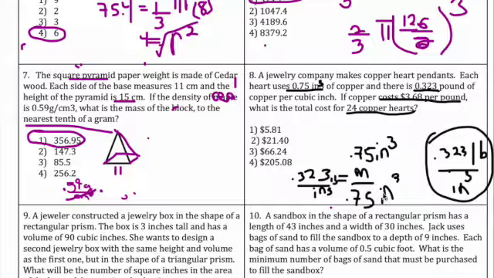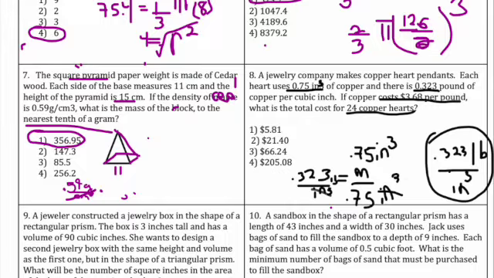We're going to cross these out because I'm going to multiply on both sides by 0.75.